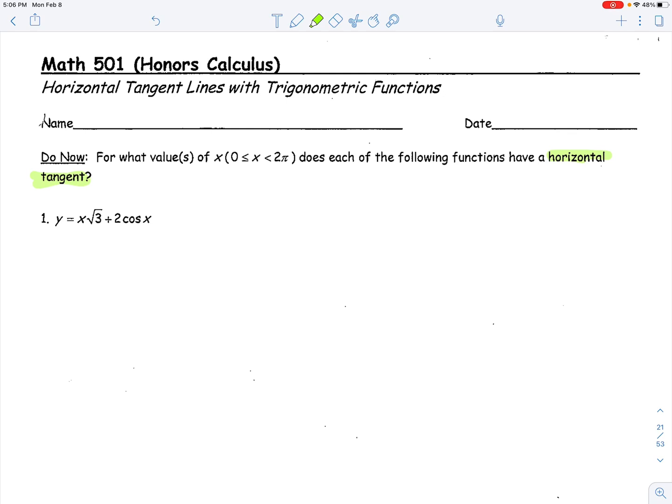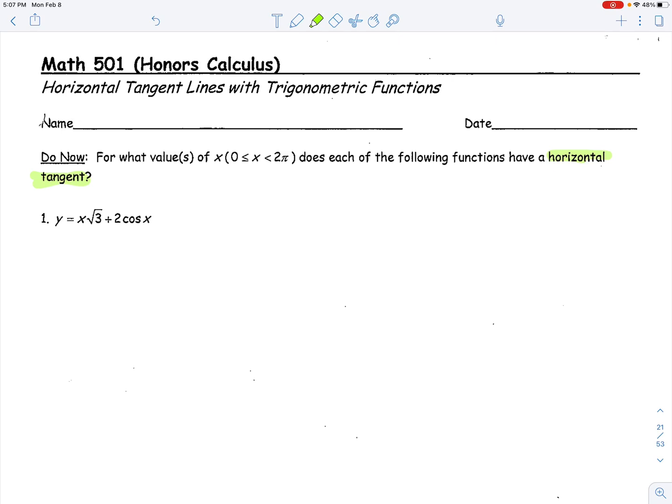Horizontal tangent, people. For what values of x in the interval from 0 to 2 pi do each of the following functions have a horizontal tangent? All right, so let me set this up for you.